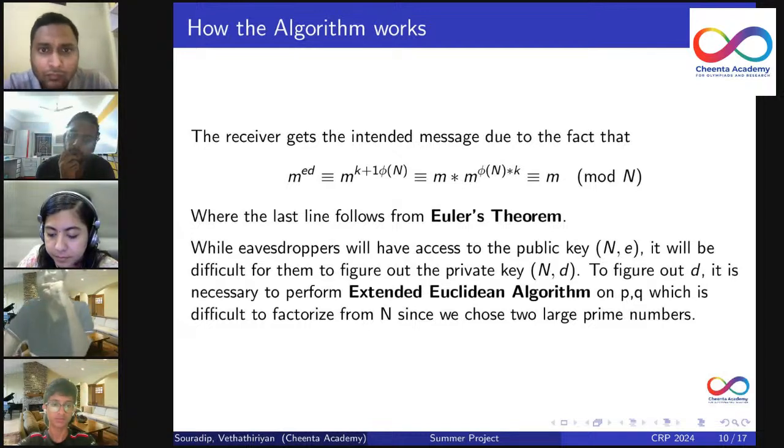It should be m to the power 1 plus k into phi of N.